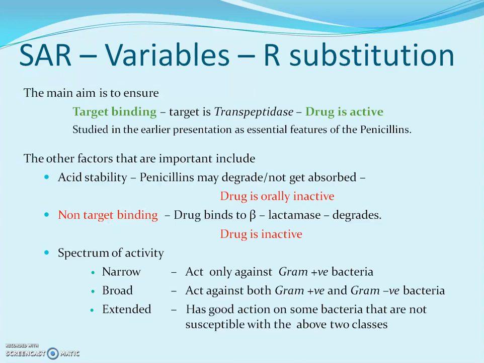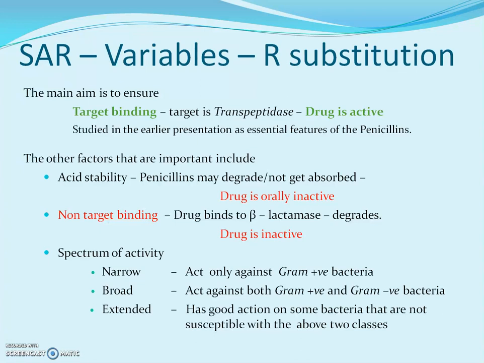And the spectrum of activity, we will always want the drug to show action against a wide range of microorganisms, in this case a wide range of bacteria, the gram-positive as well as the gram-negative. So we can have narrow spectrum antibiotics which act against either gram-positive or gram-negative. Usually penicillins act more against gram-positive.